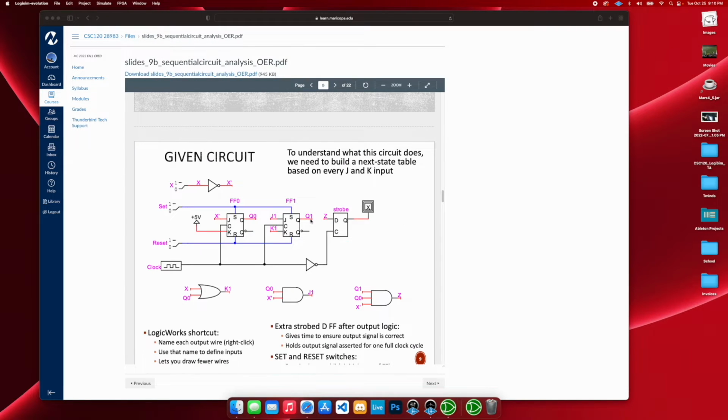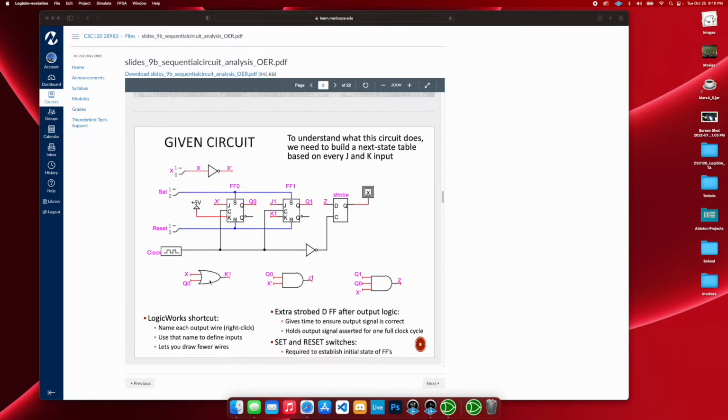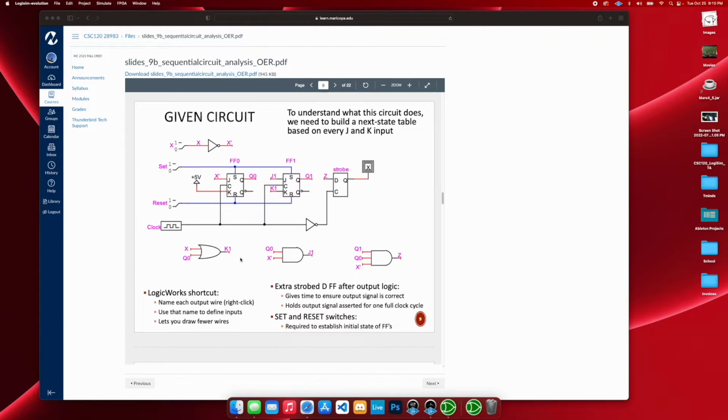Now let's take a look at the process of sequential circuit analysis. Here we have a given circuit, and we can take a look at all the inputs into each flip-flop and try to find the Boolean equation for each of these inputs, J and K. Some of them are a little more complex, so they are written down here, but some are quite simple.